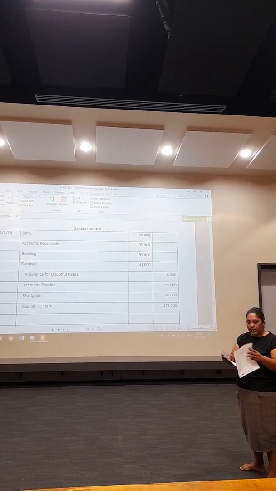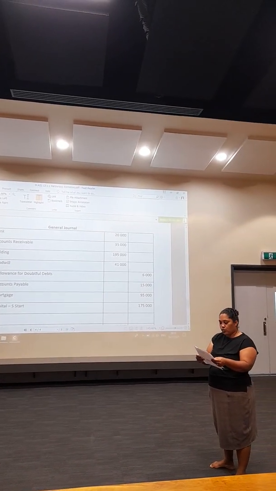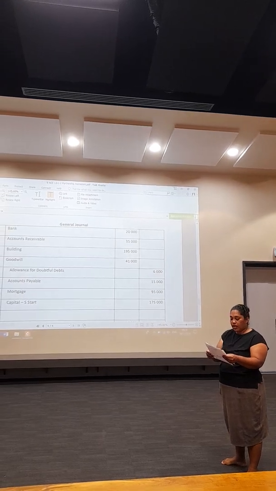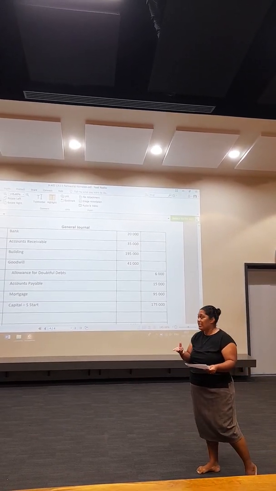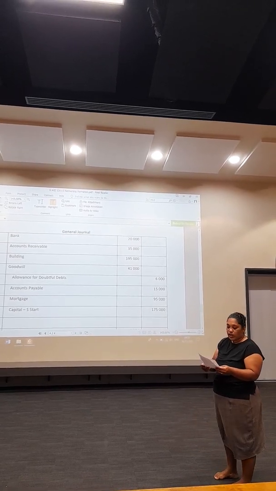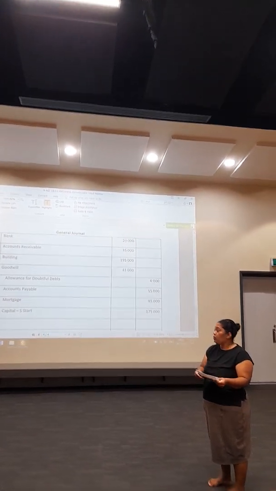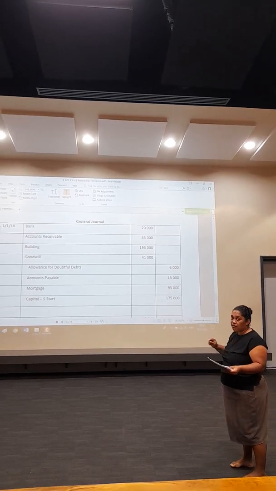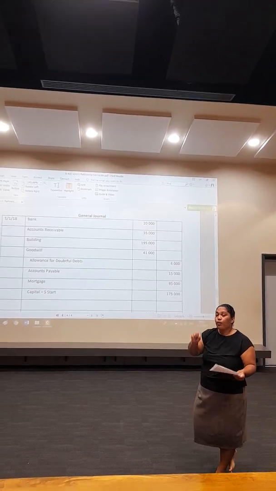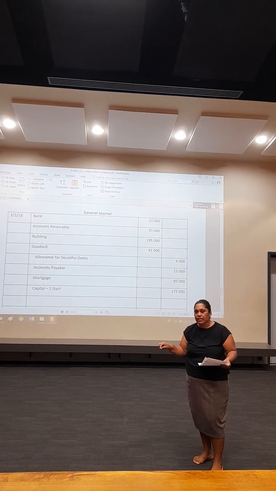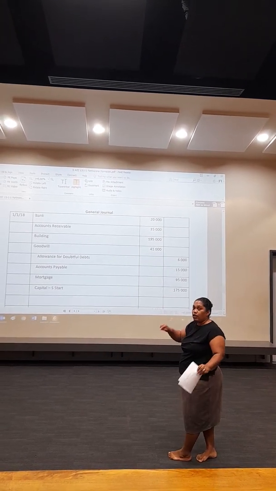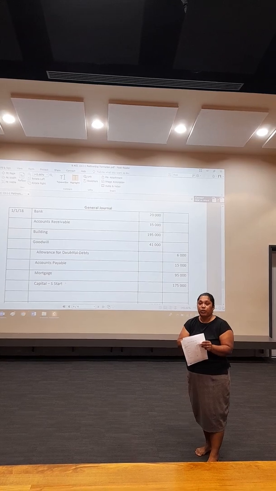Originally, his building was $200,000, less accumulated depreciation of 20. It was 180, but according to the revaluations, the building becomes 195. Remember, for PPE, property, plant, and equipment, we take the value that they are saying it will be revalued to.